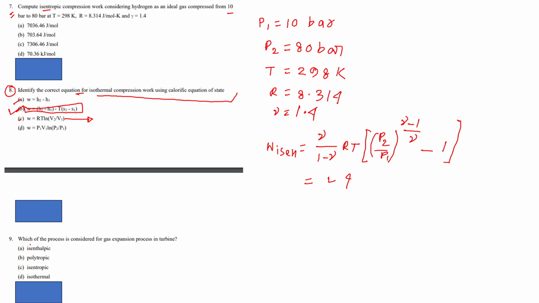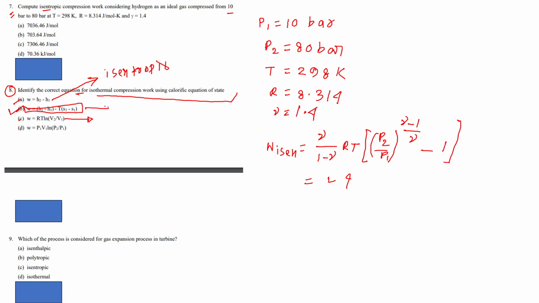Next, question number 9. First one, question 8A: W equals H2 minus H1. This equation is used for the isentropic work done for the calorific equation.